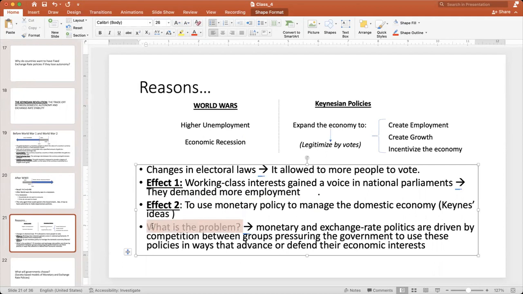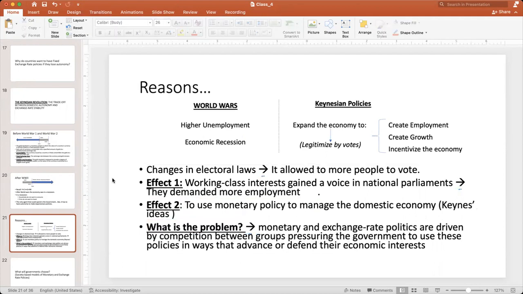But what is the problem with this new international system? The problem is that monetary and exchange rate politics are driven by competition between groups, pressuring the government to use these policies in ways that advance or defend their economic interests.